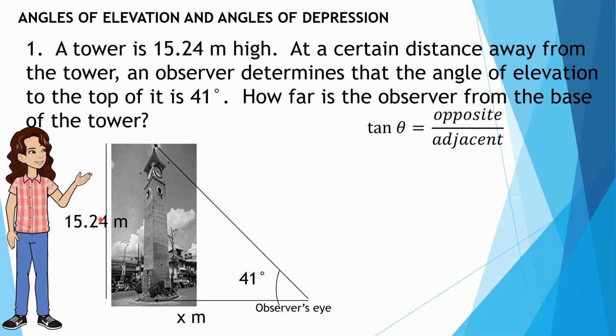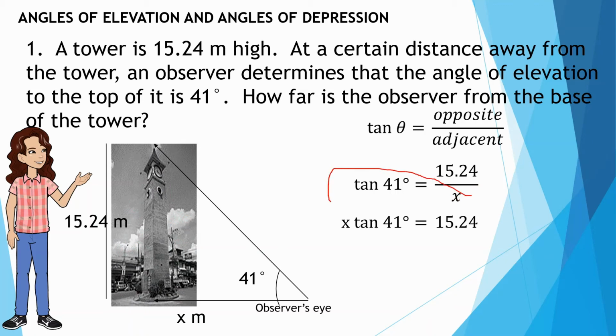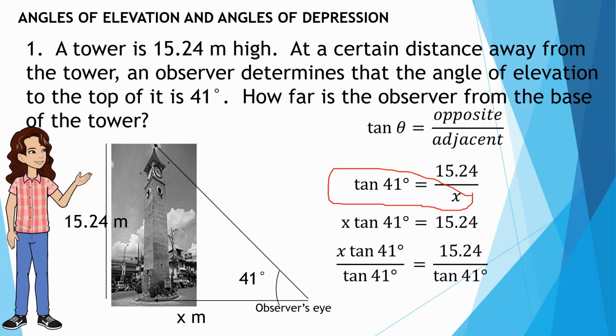So we have the opposite. The measure of the opposite is 15.24, the measure of the adjacent is x, and the angle is tangent 41 degrees. We do a cross product, so we have x tangent 41 equals 15.24. Then we divide both sides by tangent 41, so we cancel this.